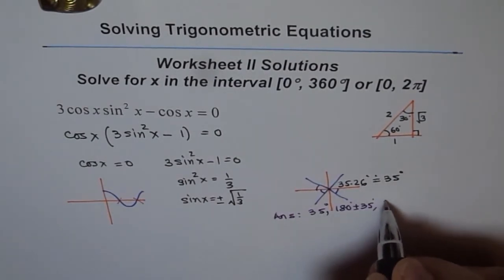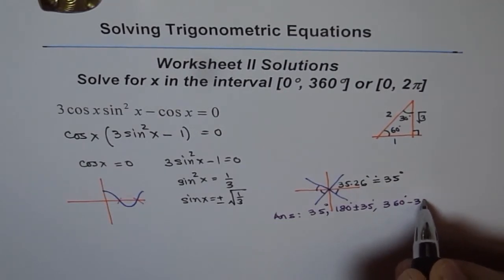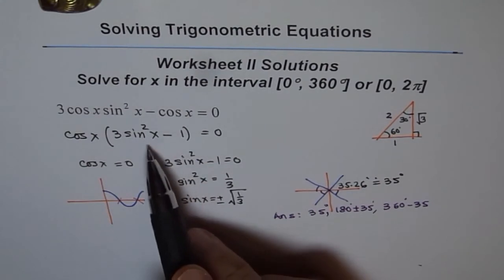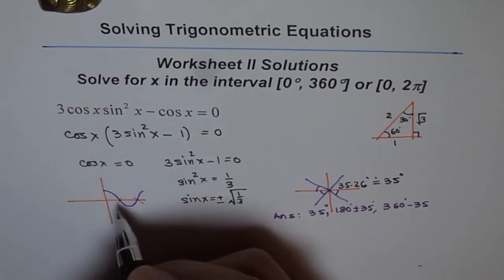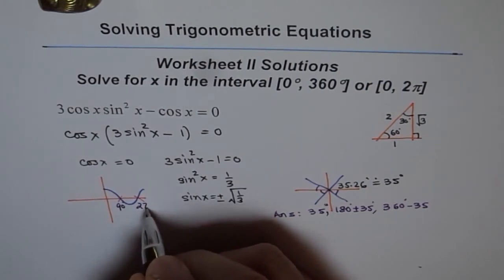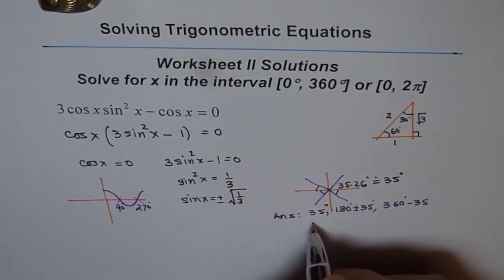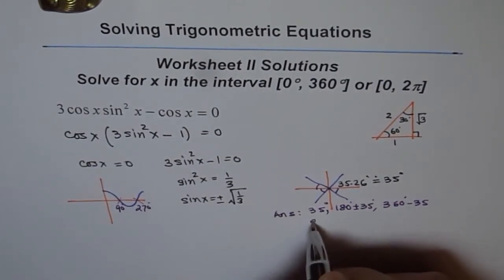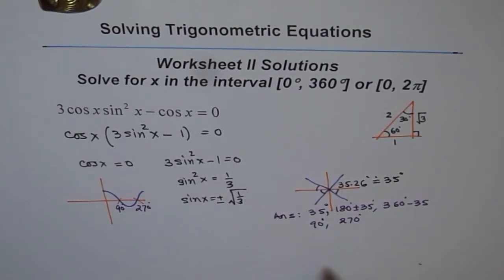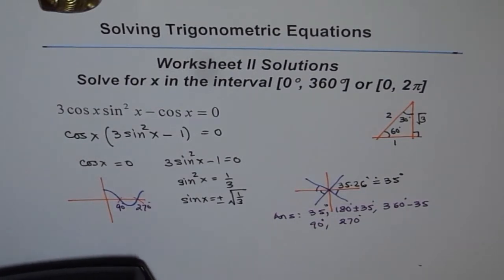And the fourth is 360 degrees minus 35. Those are the answers we get from the second factor, and from the first factor we get the answers 90 degrees and 270 degrees. So these are all the possible answers for the given problem.